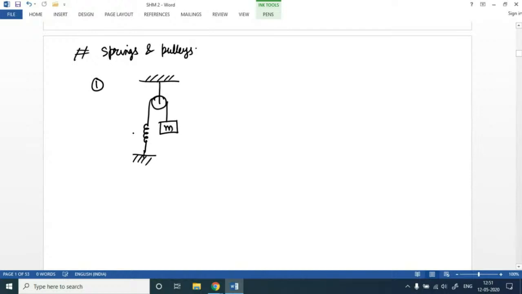Let's say this is m, this is k. We can have another situation something like this, with the spring here and something like this. And one third situation we can also take. Some basic models I am taking.